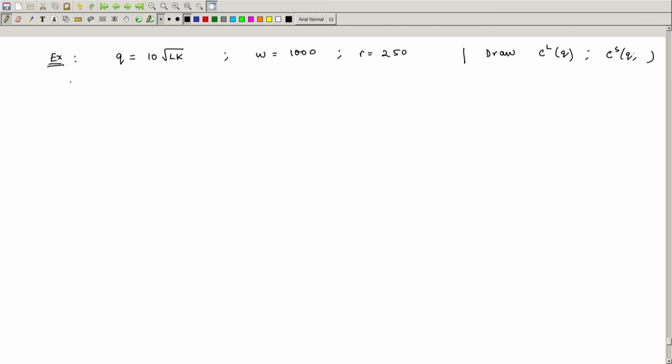Now, recall the tangency condition is MPL by MPK equals W upon R. So, let us identify what MPL is. The marginal product of labor is dQ/dL.